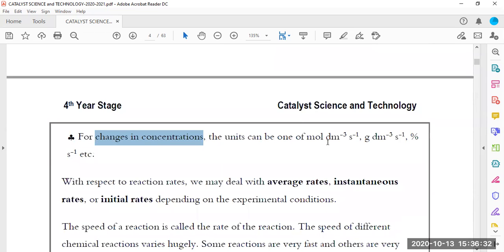Change in concentration can be mole per decimeter cube second. Again, we can say it's for rate. This is the change in the amount or concentration, again per time.